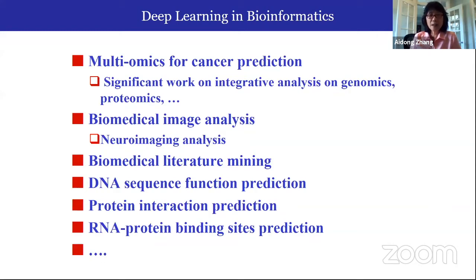We also see biomedical image analysis a lot, and also literature mining, such as what Kathy just presented, and DNA sequence function prediction, protein interaction prediction, and RNA-protein binding site prediction. So all these different predictions have been investigated lately.